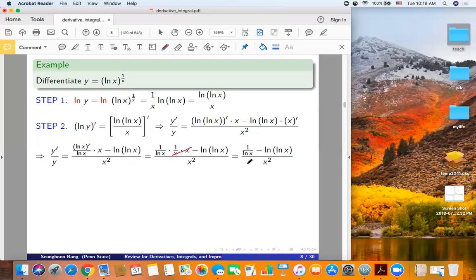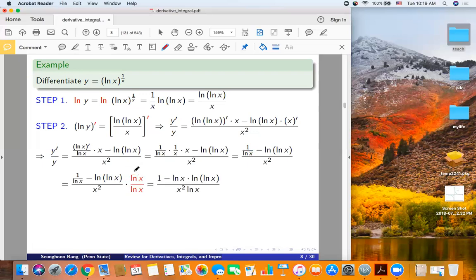This is a complicated form, a complex fraction, so you can change it to a simple fraction. How can you do that? You multiply the top and bottom by the denominator ln of x.